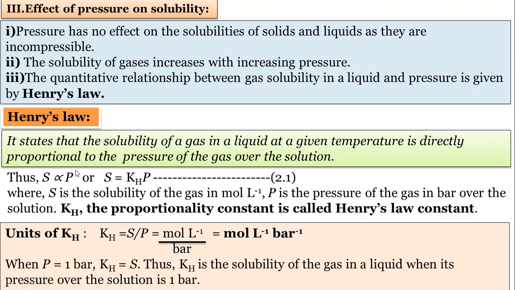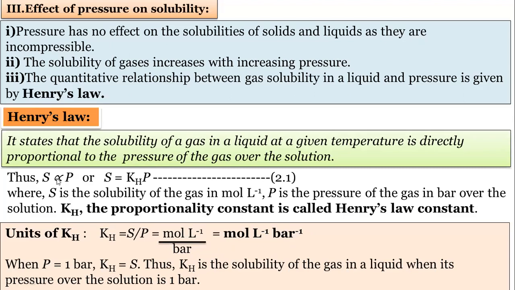So remember this statement. Henry's law states that the solubility of a gas in liquid is directly proportional to P. S is directly proportional to P. Remember this statement, so we will get 1 mark.